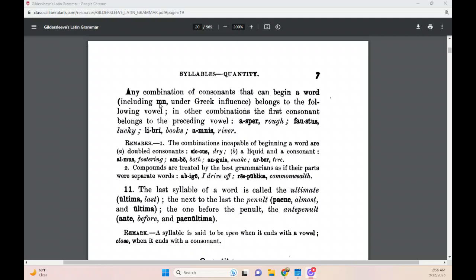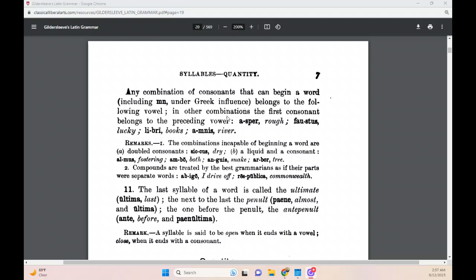We'll leave that for Greek studies, but it's just saying that in Latin, these two consonants, MN, are kept together because they're used together at the beginning of Greek words. So any combination of consonants that can begin a word, including MN, belongs to the following vowel. They stay together, in other words.